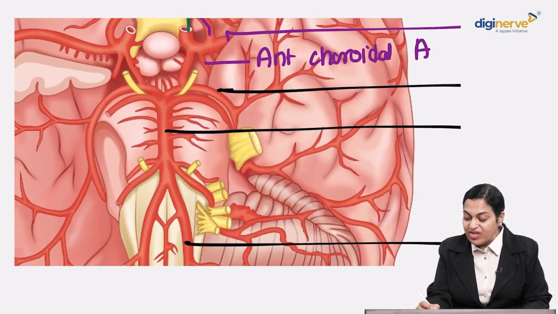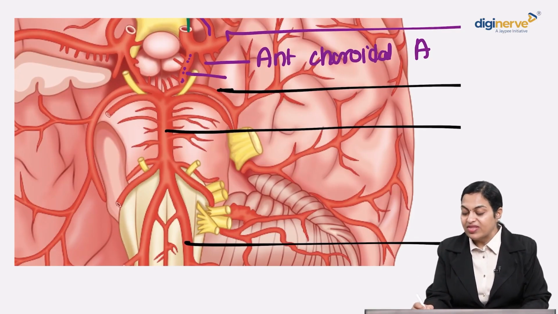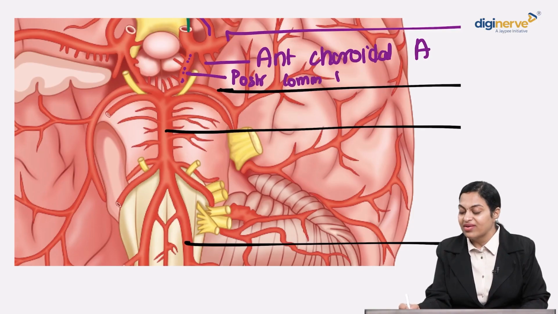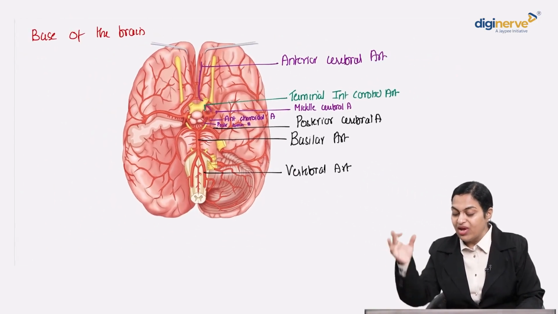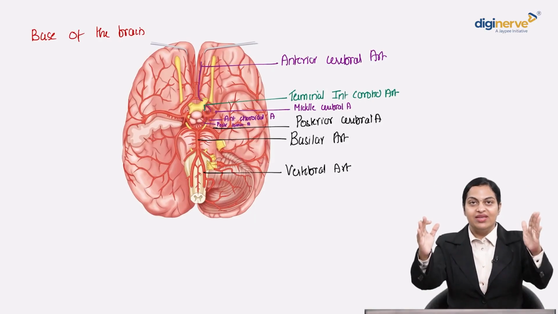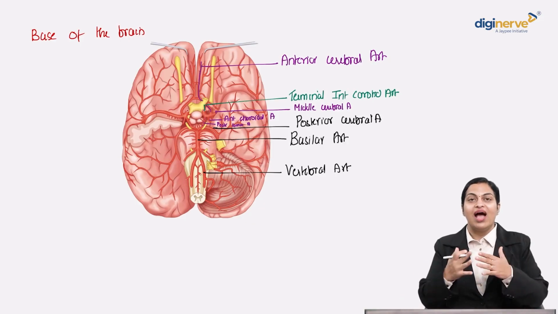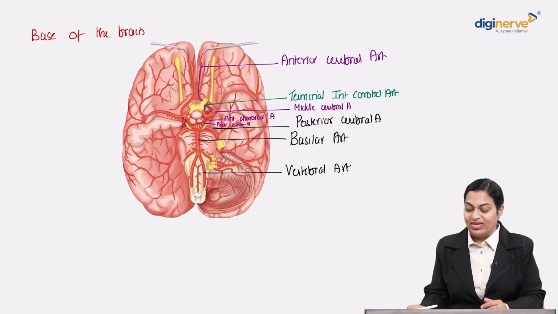And this branch you can see joining the posterior cerebral artery. This is the posterior communicating artery. So these are the branches of internal carotid over here. The anterior cerebral, middle cerebral, anterior choroidal and the posterior communicating.